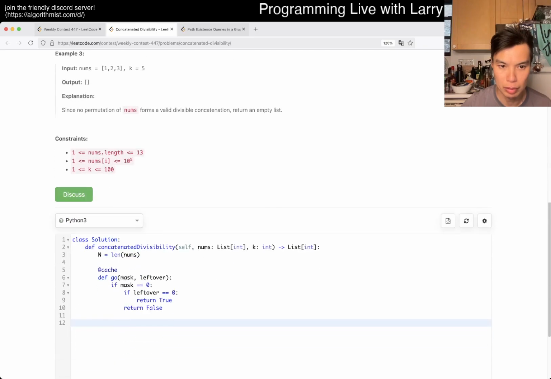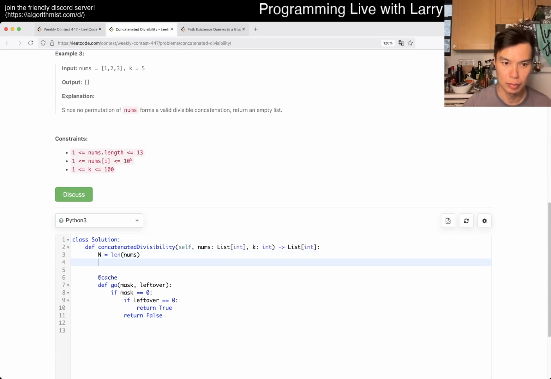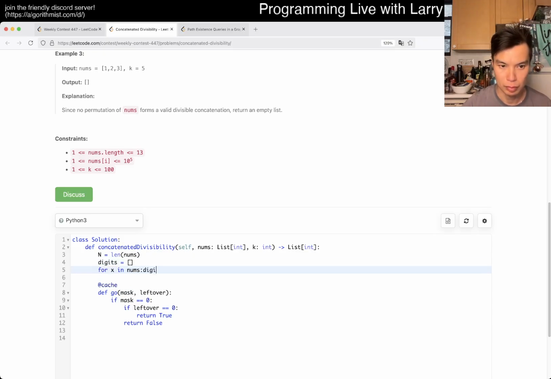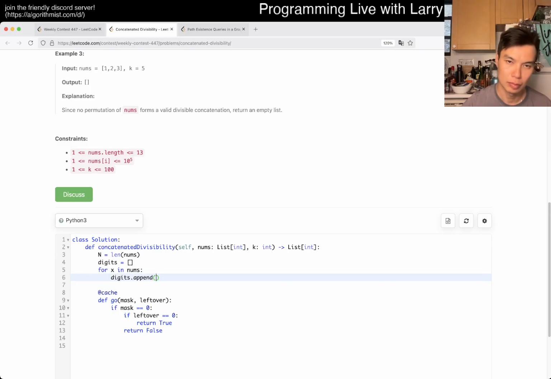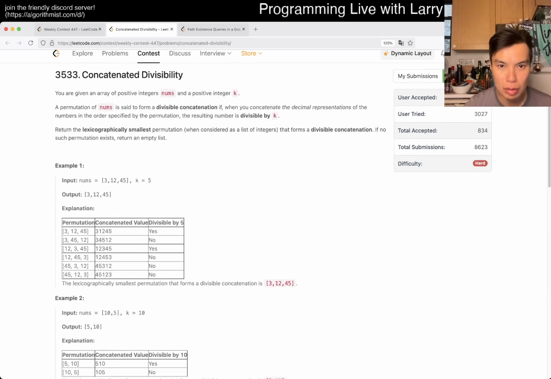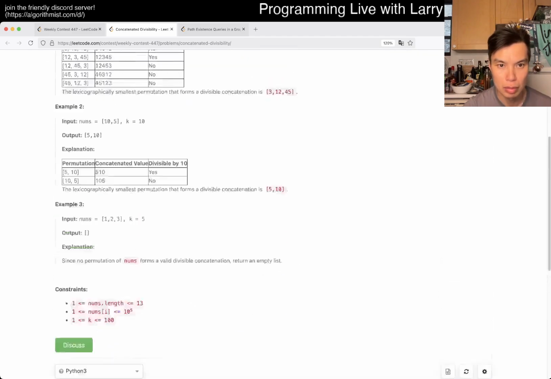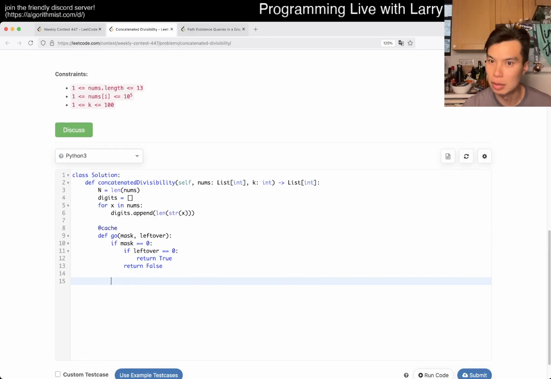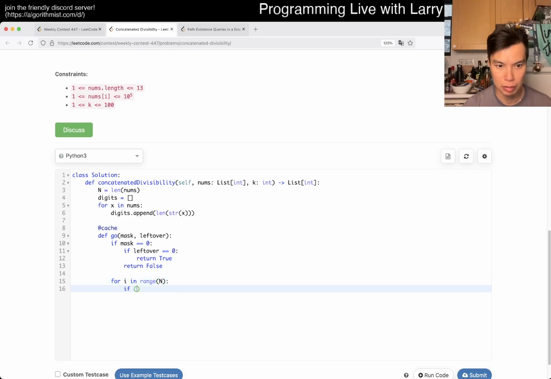It's a little bit annoying. Okay, so then now, okay, and then now we want to write for i in range of n.